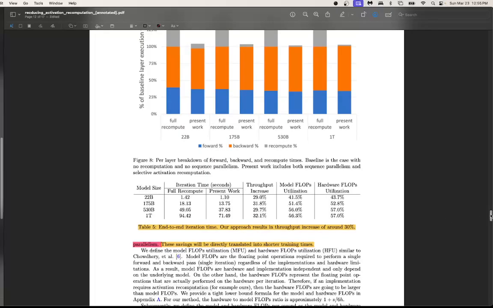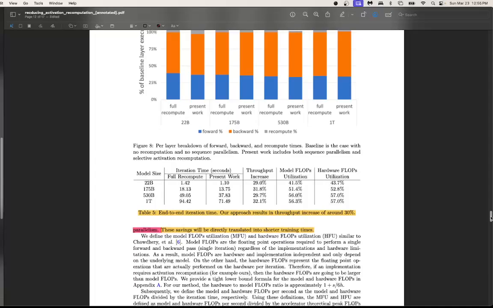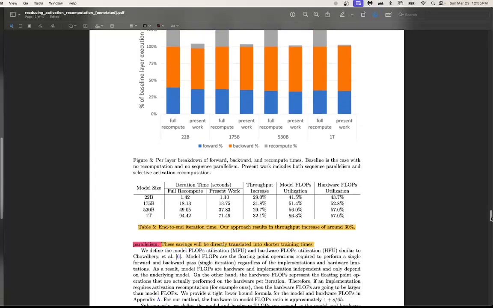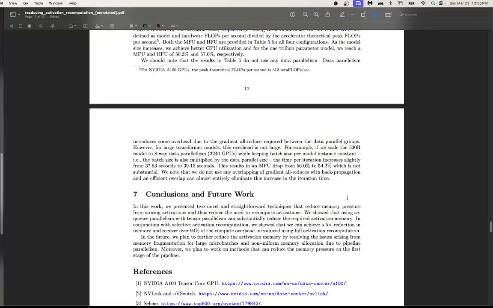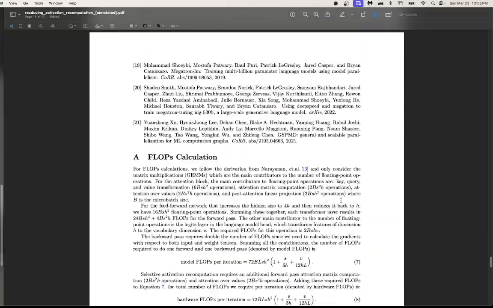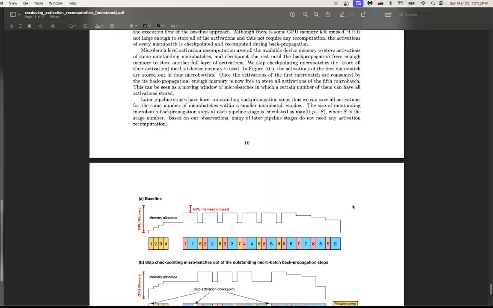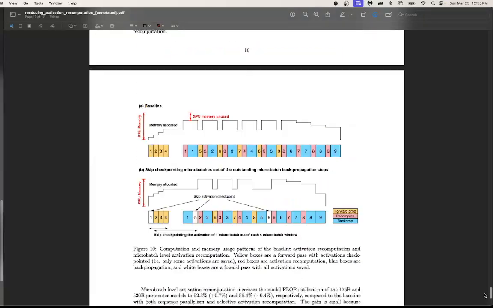Because by using sequence parallelism and selective AC, we are reducing the amount of stuff we need to recompute, because we already reduced our peak memory, so we can recompute fewer things, and we get much higher throughput, increased throughput around 30%, which is really good. And that's the paper. That is it. Yeah, this is a very important one.